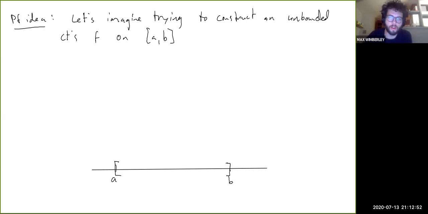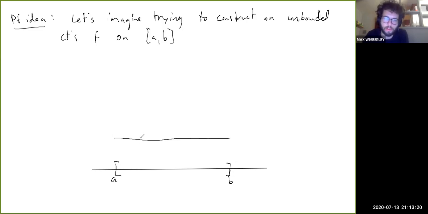Let's just imagine we start with a constant function. Here's how I imagine going about the process of trying to construct an unbounded function. So we start with a constant function, and then we could sort of deform it to make a little bump, a place where the value of the function is bigger.